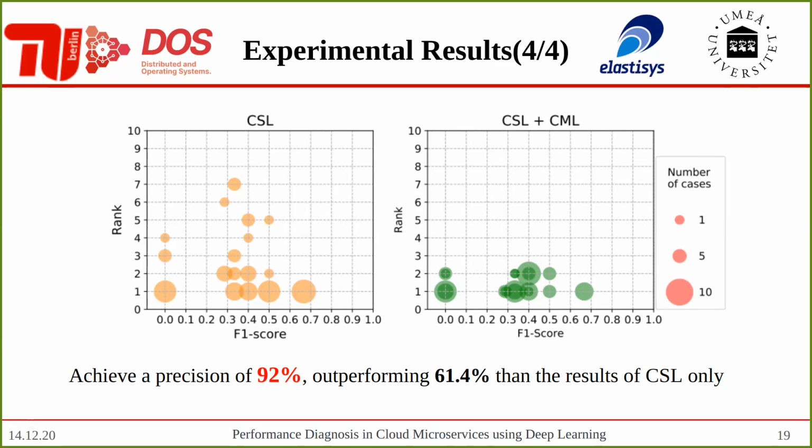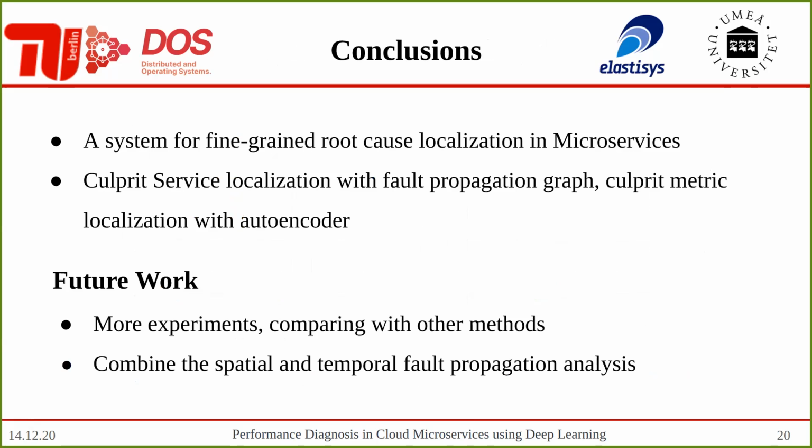So in conclusion, in this paper, we propose a system for fine-grained root cause localization in microservice systems. We use the graph-based method to identify the culprit service, and then use an autoencoder to identify the culprit metrics.